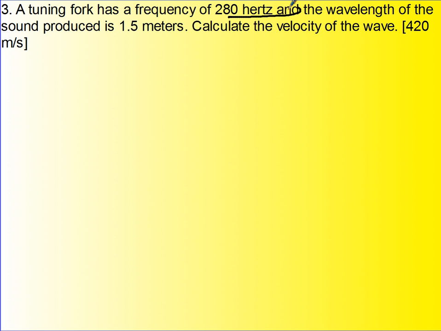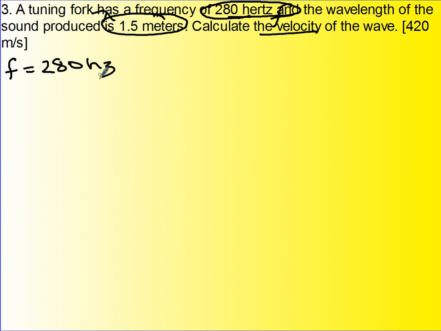A tuning fork has a frequency of 280 hertz. That's my frequency. The wavelength is 1.5 meters. That's my wavelength. Calculate the velocity. So I have frequency is 280 hertz. And the wavelength is 1.5 meters.